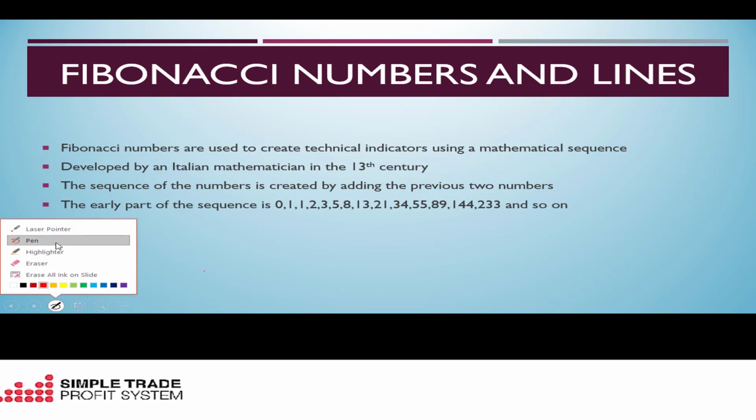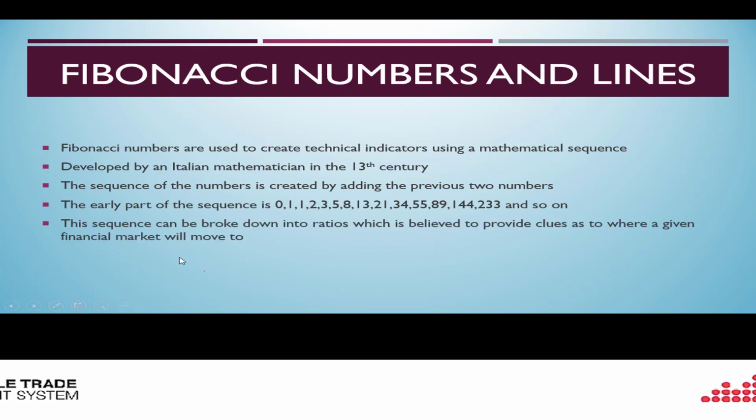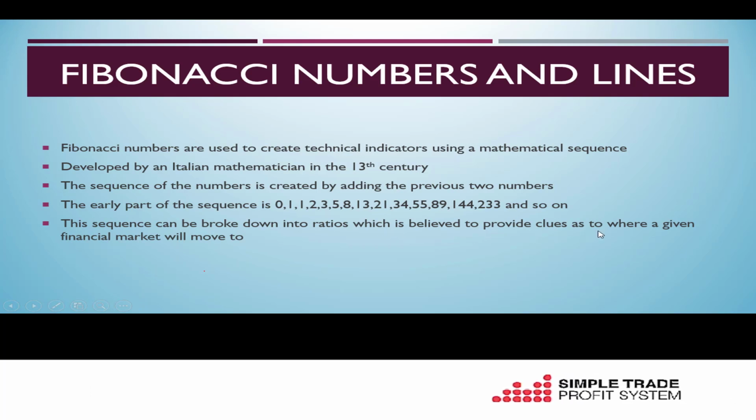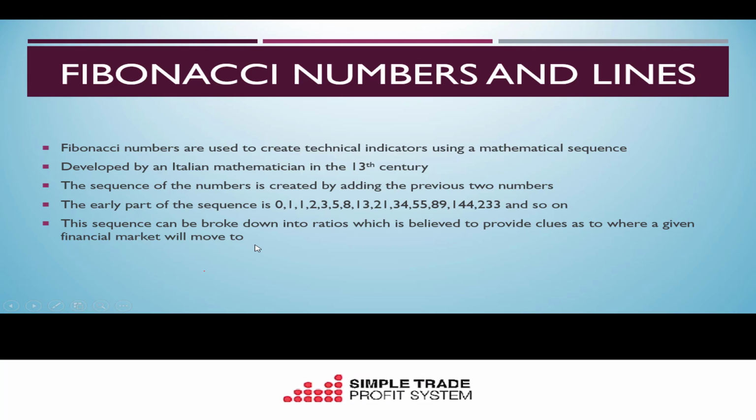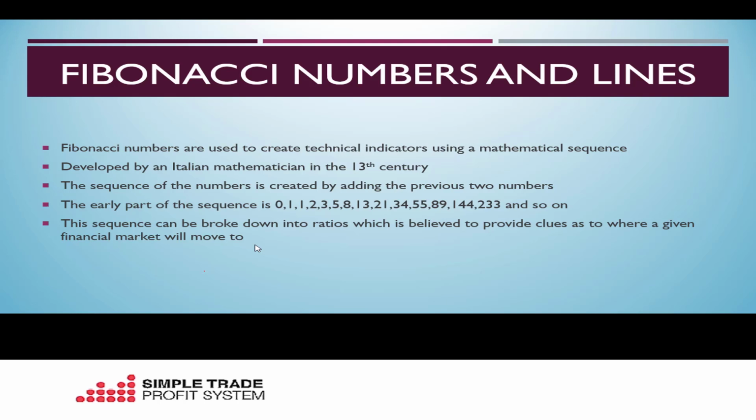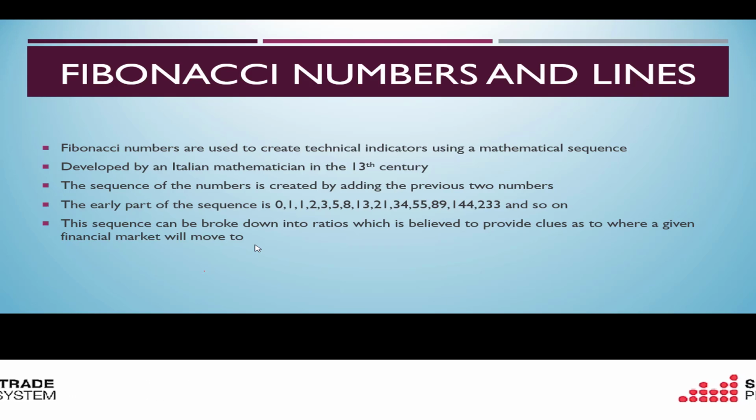All right. So the sequence can be broken down into ratios, which is believed to provide clues as to where a given financial market will move to, because we see the ratio of these numbers in everything in life. It's really interesting. You look up Fibonacci, the golden ratio or the golden number, and you'll kind of have your mind blown.